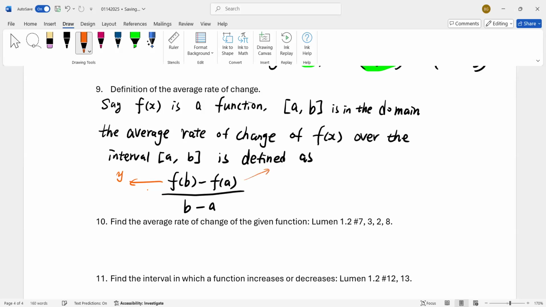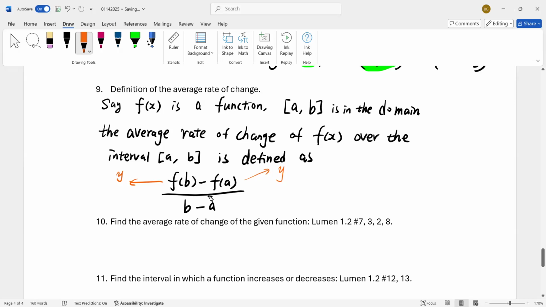And this is the y value when x equals a. In other words, a is an input because a is in the domain. f of a is the corresponding output. b is an input. f of b is the corresponding output.